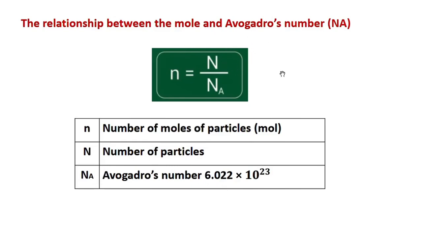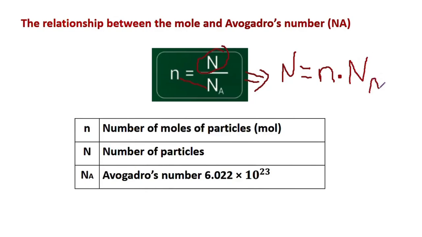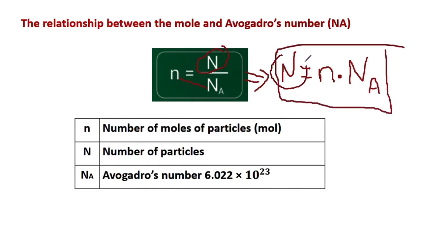From this law, we can also calculate capital N, the number of particles. How? We place capital N on one side and the rest on the other side. We get capital N equals small n times Avogadro's number. So we can calculate the number of particles from this law.